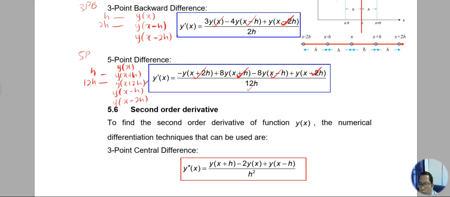So when you get all these values, then you have to substitute back into this formula.